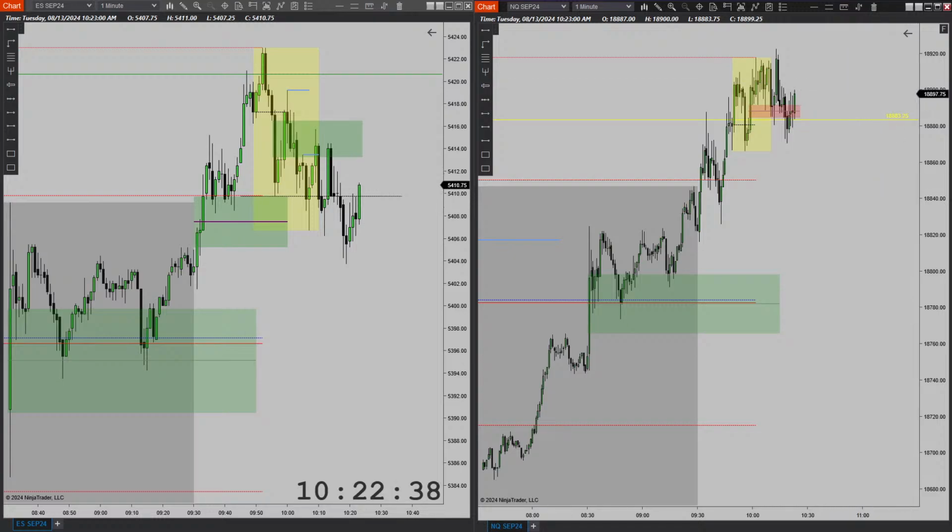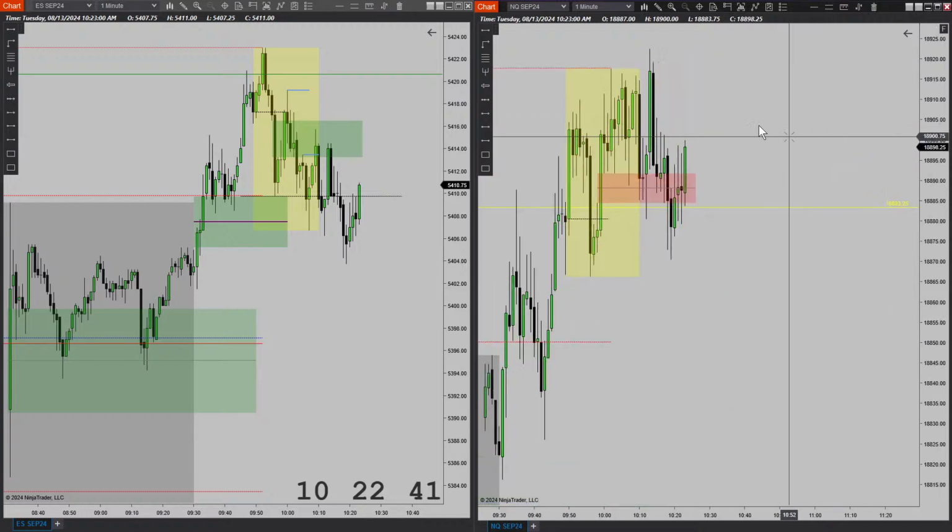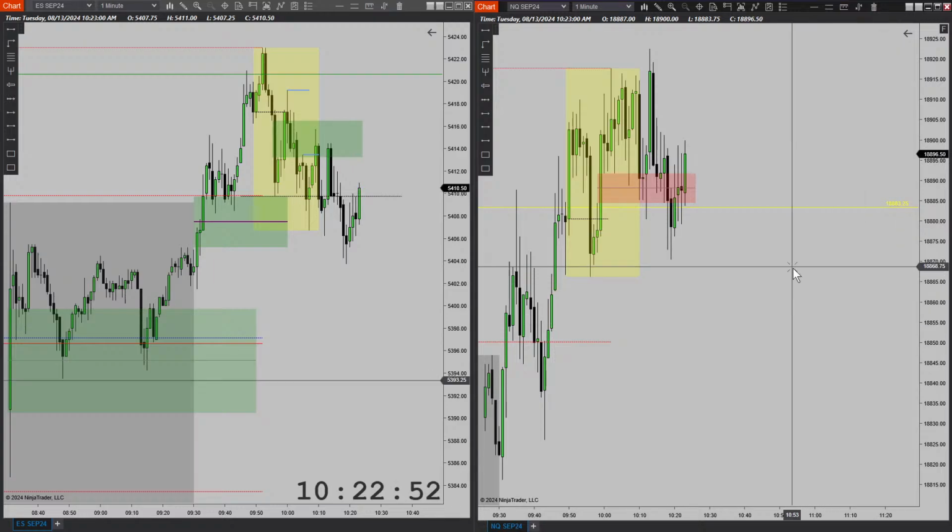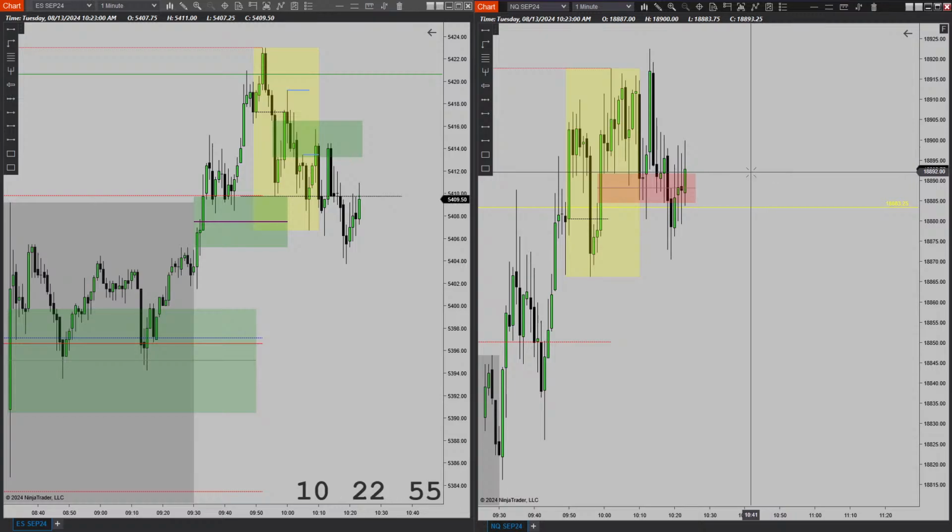All right. Looks like I'm gonna have to take it here because if it closes above here, then I'm gonna get out. And again, oh man. All right, let's see what it does now. Tiny imbalance there.